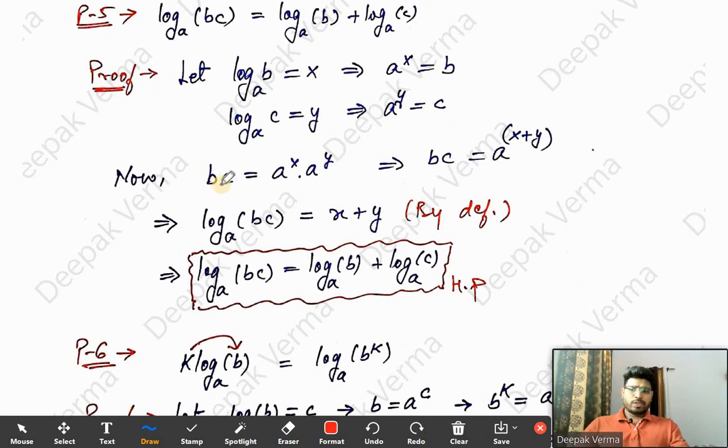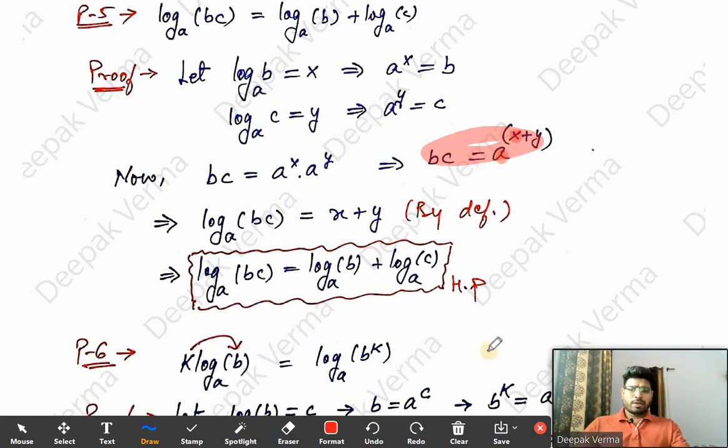Now what we do, calculate b into c first. So b is a to the power x, c is a to the power y. The base is the same here, so the powers will be added, so x plus y. I hope it is clear. This is basic mathematics, everyone should know it. Now use the definition of logarithm. From exponential form go back to logarithm form.